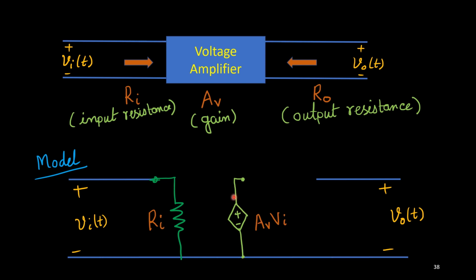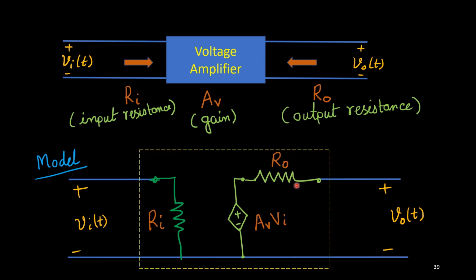This symbol we will use for the dependent source. Now consider the output resistance R0. Whenever we consider a practical voltage source, the source resistance should be connected in series with the voltage. So as it is a voltage source, this resistance R0 should be connected in series. So here it should be connected like this. So this is your simplified series model.